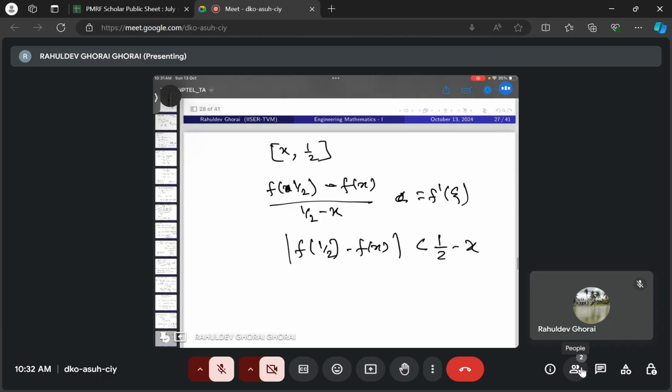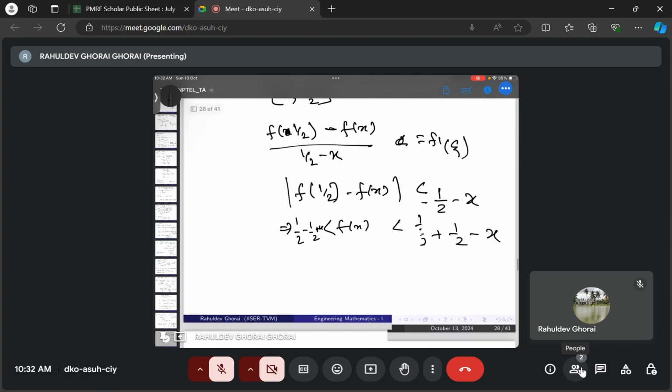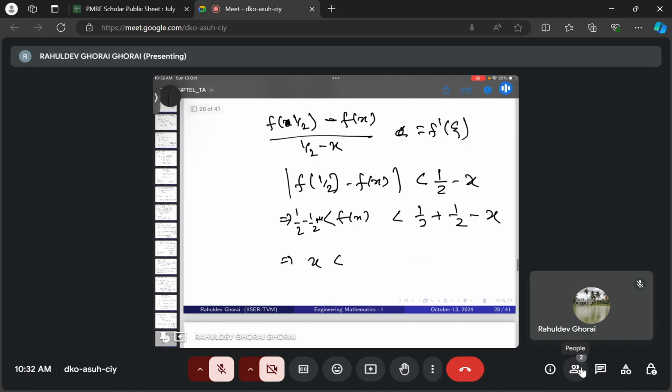That implies f(x) will be less than half plus half minus x, and greater than half minus half plus x. That implies x will be less than f(x) less than 1 minus x, right?